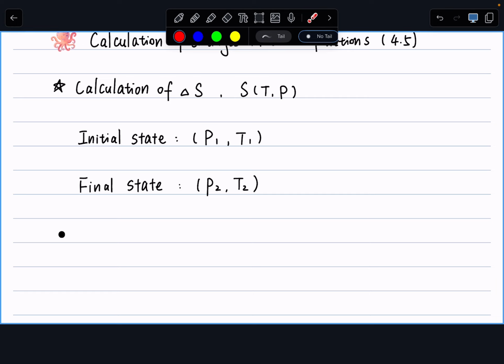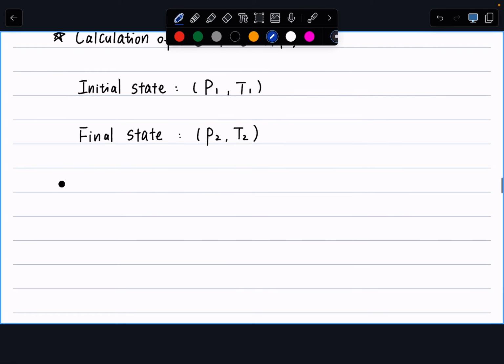Pressure, volume, and temperature are connected with the equation of state, so you can also rewrite P1, T1, P2, T2 into V1, T1, and V2, T2. Doesn't change anything. Your volume also changes with respect to the pressure and temperature change. Just to make our life easier, we're starting from temperature and pressure.